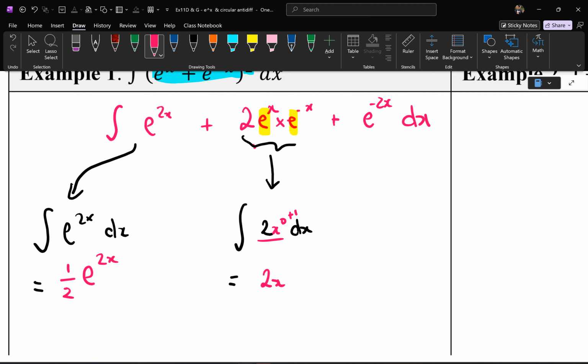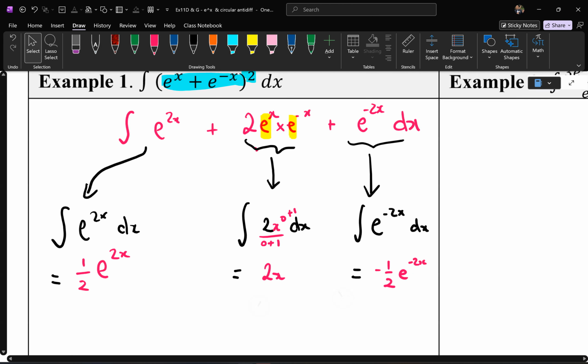So add 1, and then divide by n plus 1. And so that's how we end up with 2x. That was from our last exercise. And then the last one is pretty much following on what Una had done before. It's pretty much the same thing, except it's got a negative power. E to the negative 2x dx should then give me negative half e to the negative 2x.